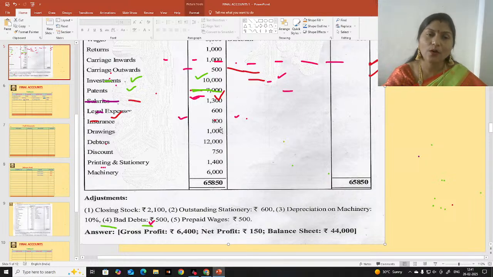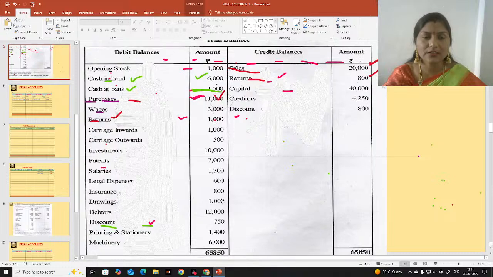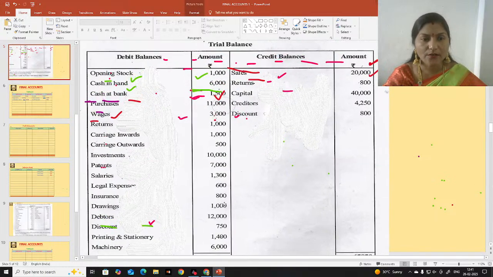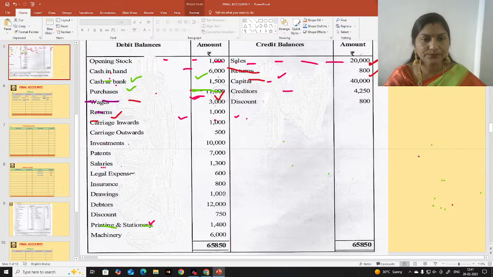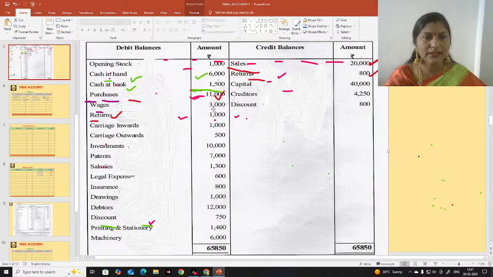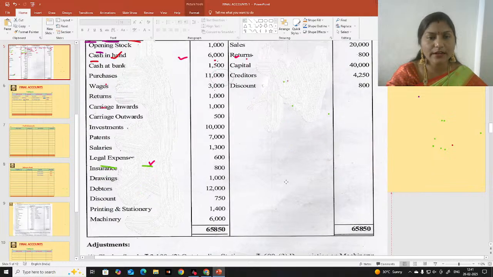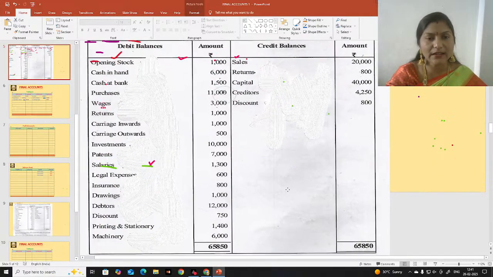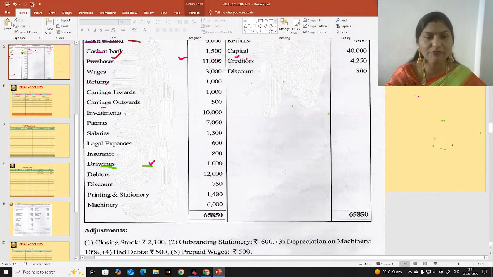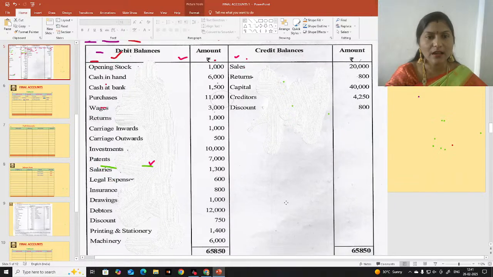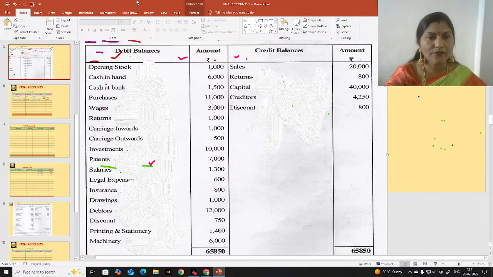So let us go and record what are wages here. Wages amount is how much here? Wages amount is 3000. If you see, wages amount is 3000 and we are going to write those 3000 and the adjustment prepaid wages 500. Both we are going to write. Okay, wages 3000.